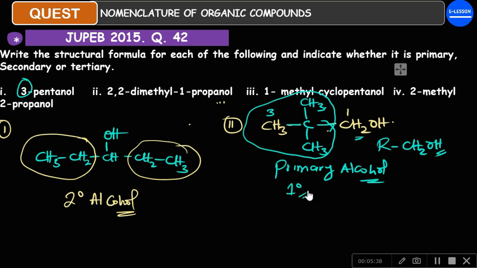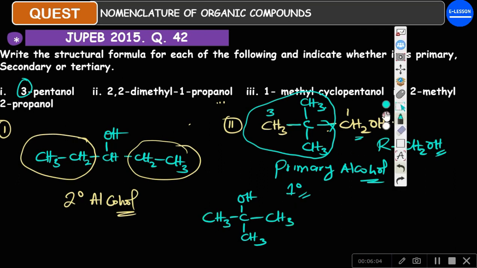Now the next one is 2-methyl-2-propanol. First of all, let us write 2-propanol. 2-propanol means at position number 2 there is the OH group, so we have 2-propanol like this. Also at position number 2 there is another methyl group, CH3, because you can count from any side, right? So this is 1, here is 2, here is 3.